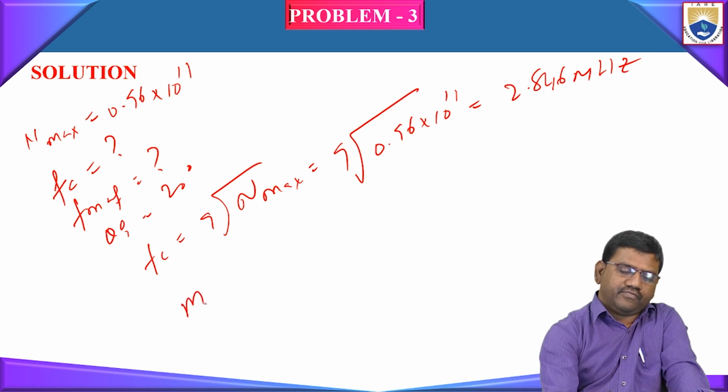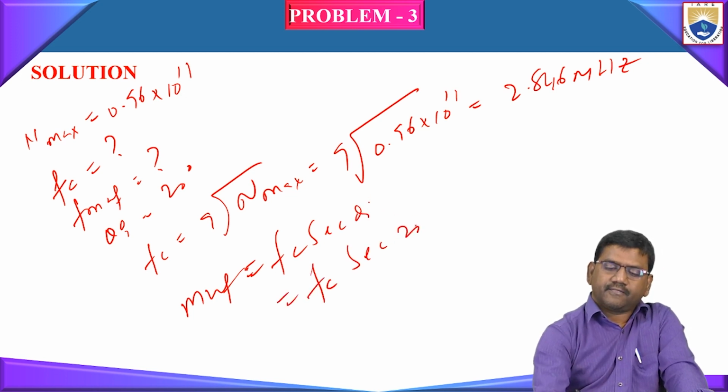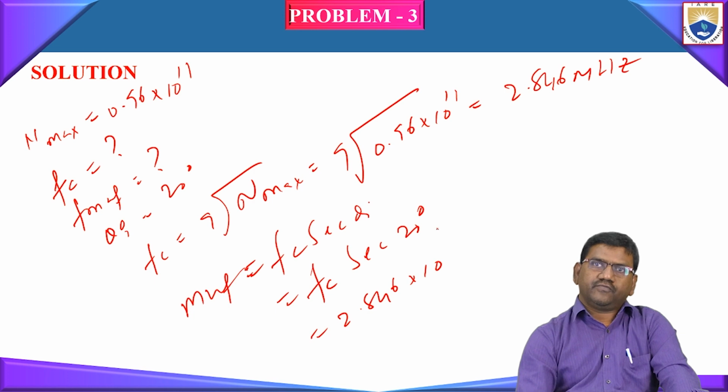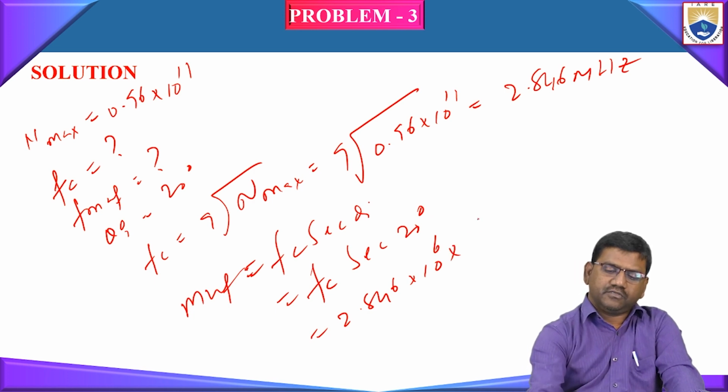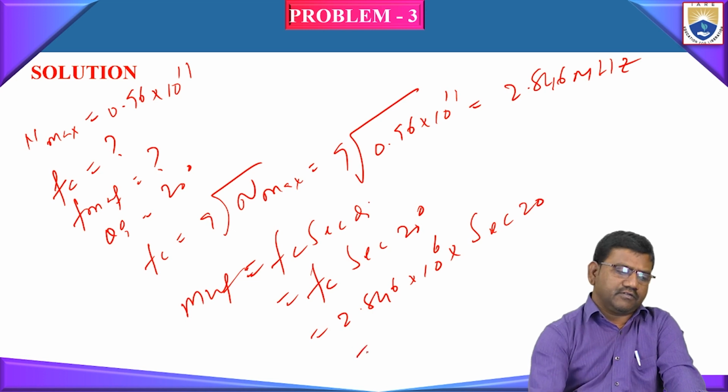Similarly, MUF is equal to Fc secant theta i. So Fc secant 20, where Fc is equal to 2.846 into 10 power 6, into secant 20. So this is equal to 3.0286 megahertz.